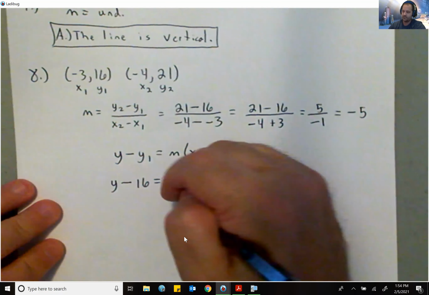So there's our slope. Hey, look, there's a point. What are we going to do now? Point slope form. We're going to write the equation. So we're going to go y minus y1 equals m times (x minus x1). y minus, what's our y1?